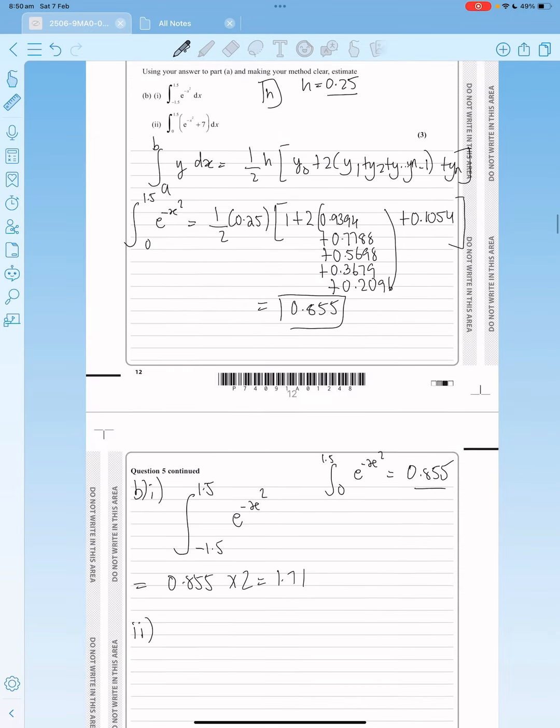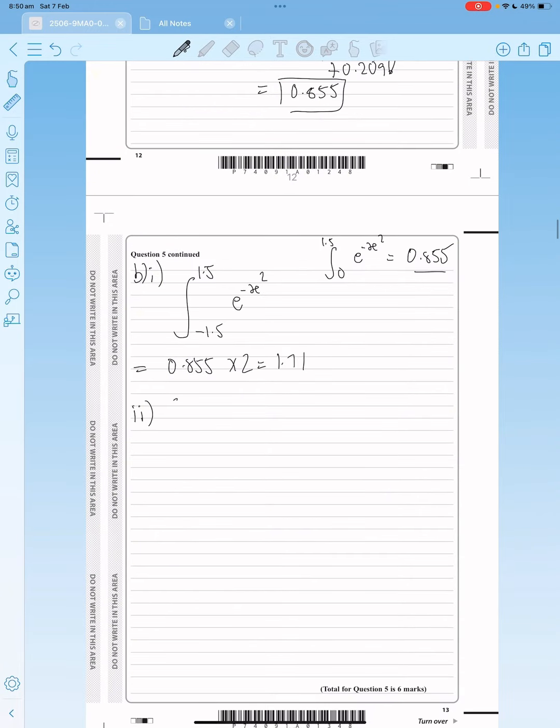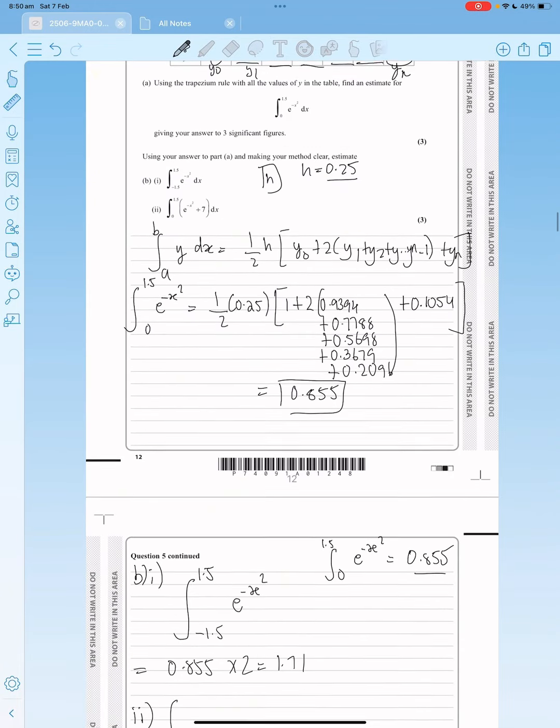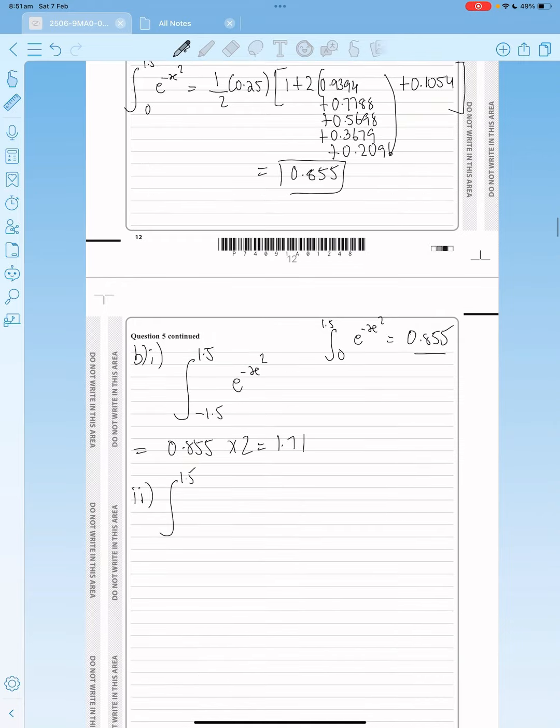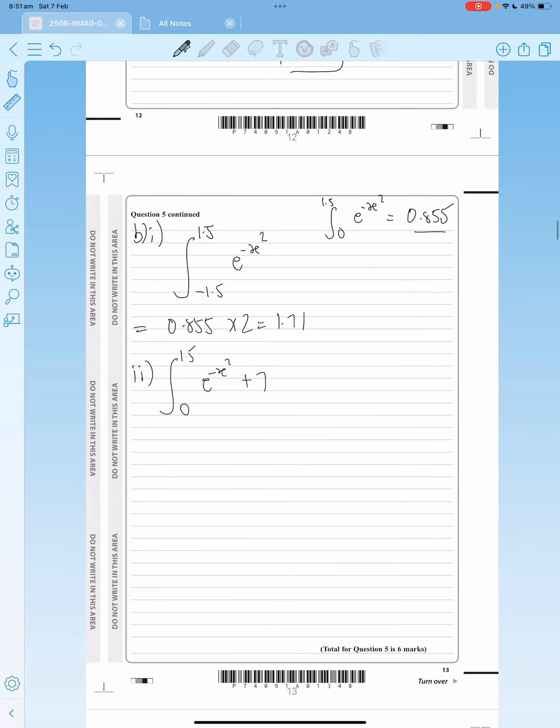Now let's do part 2. Part 2 is just the integral from 0 to 1.5 of e to the minus x squared plus 7. So we can split this integral up. I can do the integral of e to the minus x squared plus the integral of 7.